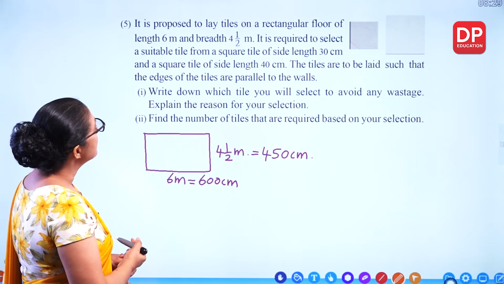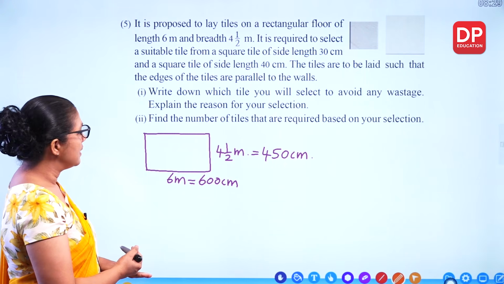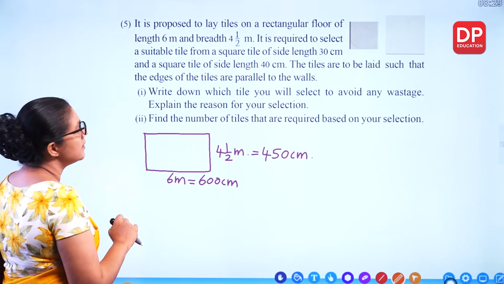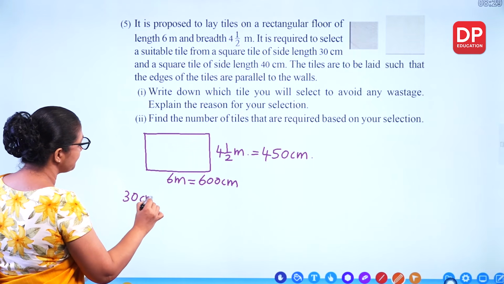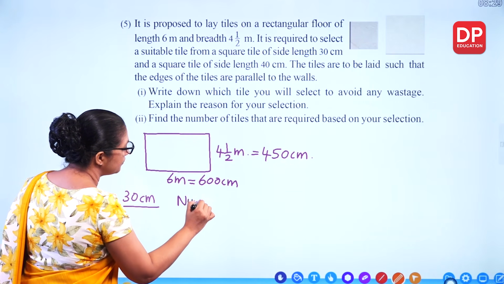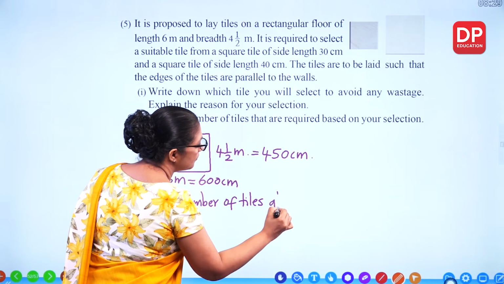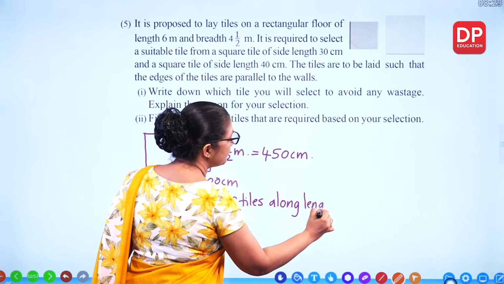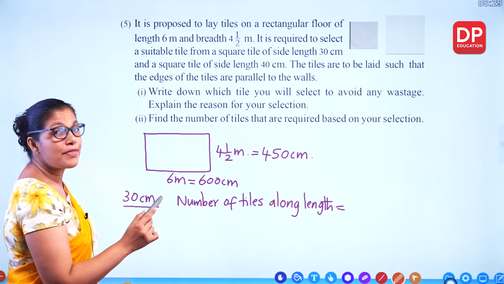Now if you take 30 by 30 tile, 30 centimeter tile, how many tiles you can lay along this side? So we'll take first 30 centimeter tile and see. Number of tiles along length, so 600 divided by 30.